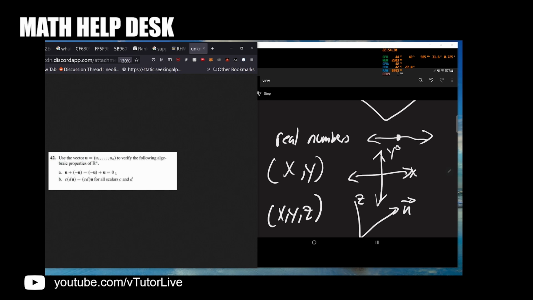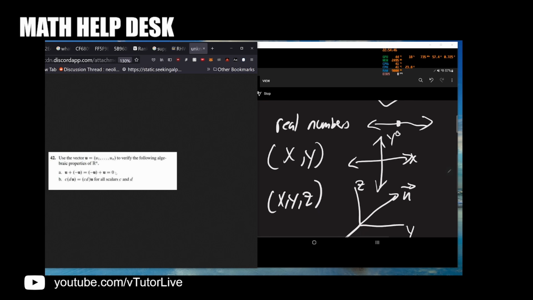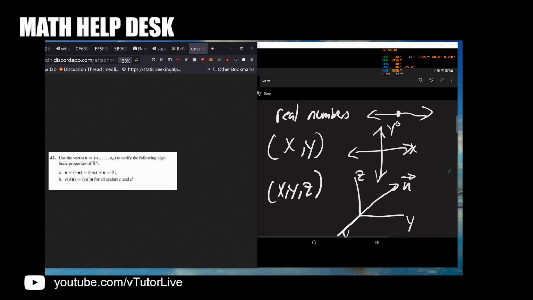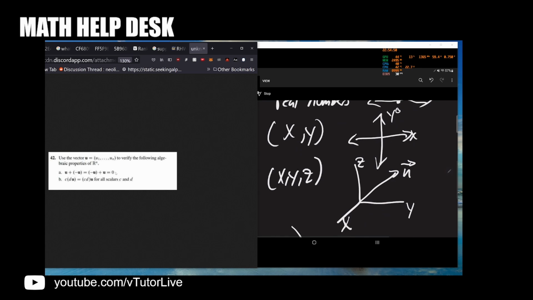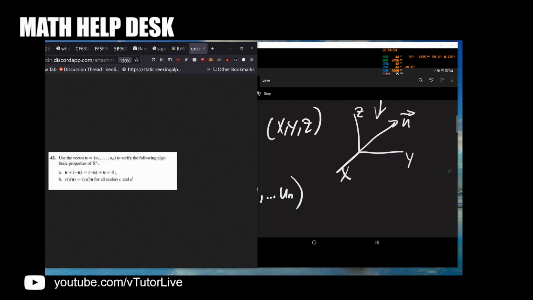In one dimension, or hopefully even two dimensions, this is pretty obvious. It's basically saying any vector u, add it to its opposite, and you'll get 0. Oh, that's not too bad. Right, it's pretty intuitive when you say it like that.